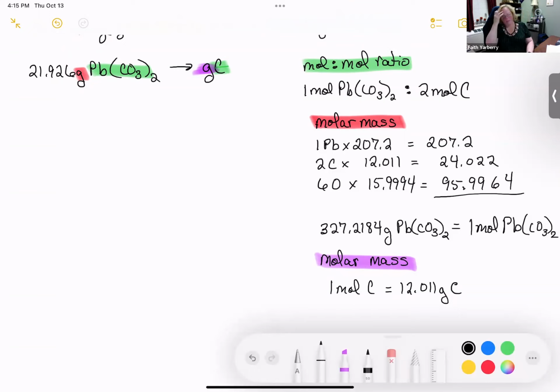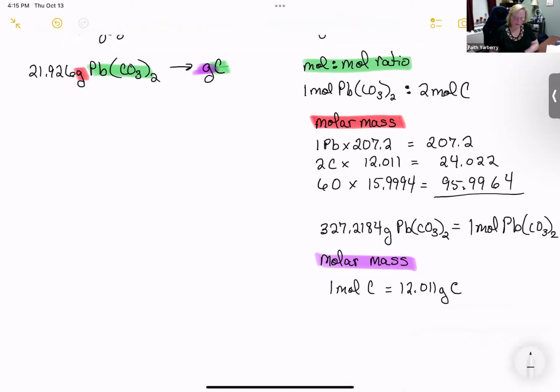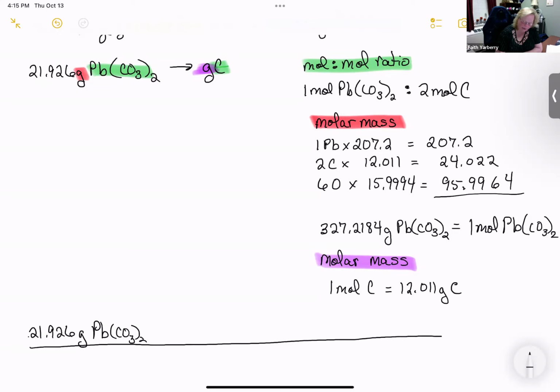Okay, now that I have my conversion factors, I'm ready to try this. So I start with the 21.926 grams of lead 4 carbonate. My first conversion factor is going to have the lead 4 carbonate in it.